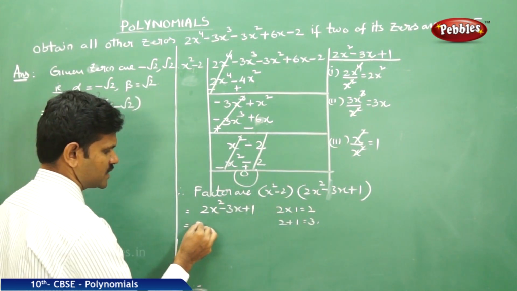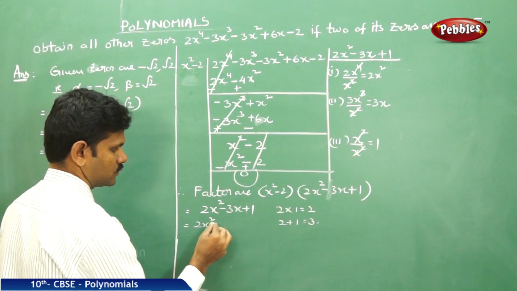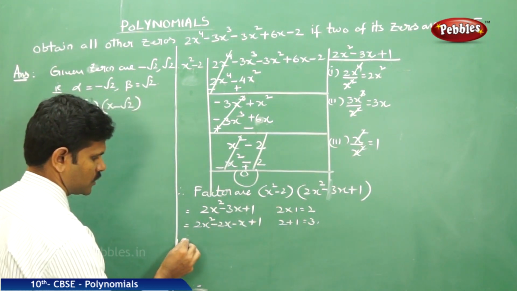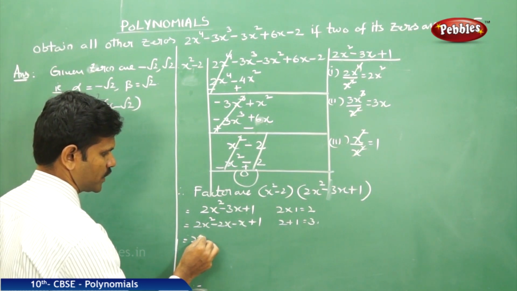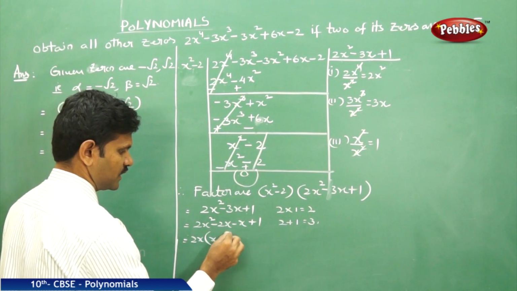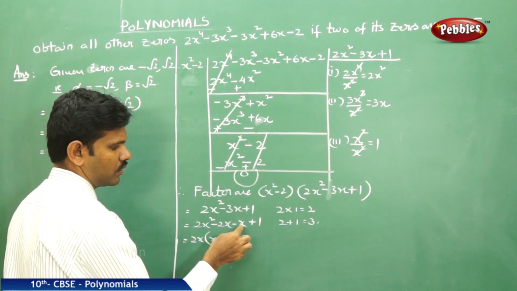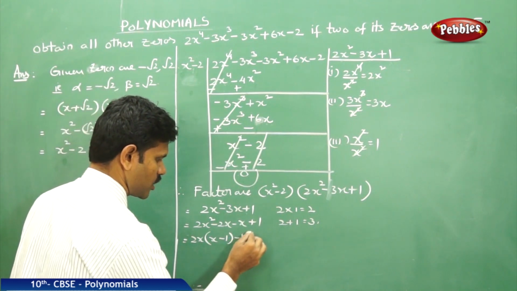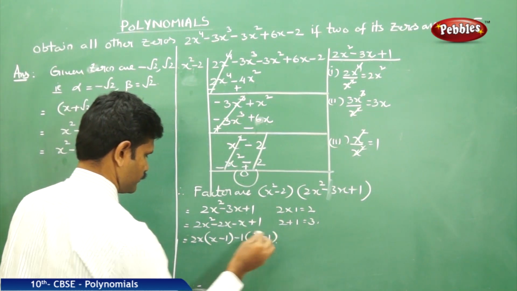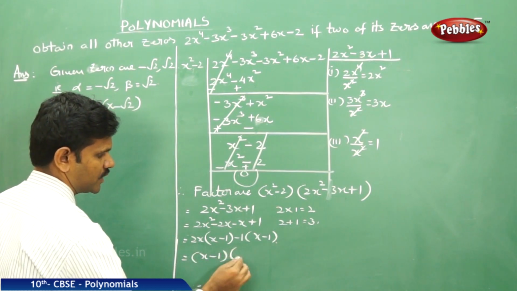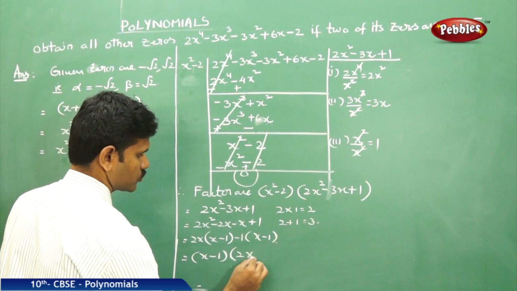Therefore we can arrange this one as 2x square minus 2x minus x plus 1, that is equal to, take 2x common, that is x minus 1. From these two I am unable to take any number as common, that's why take minus 1 as the common, x minus 1. Therefore the common factor is x minus 1 and the other factor is 2x minus 1.